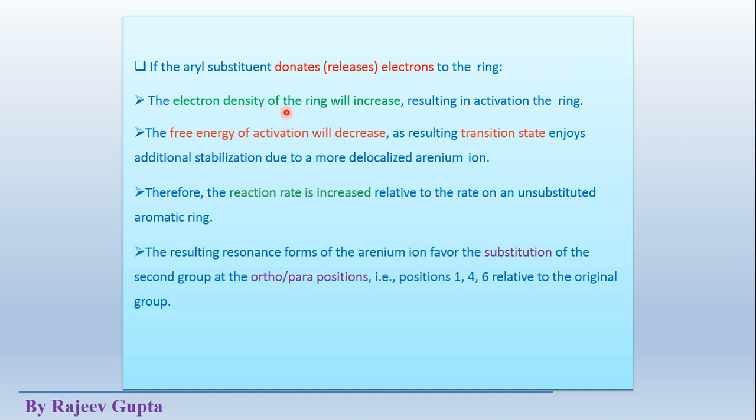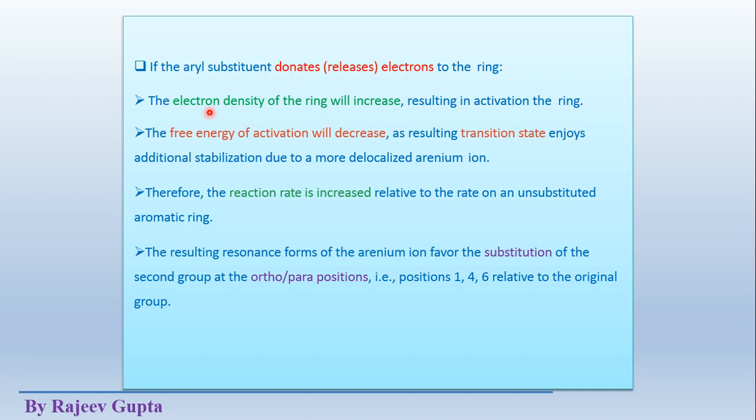The electron density of the ring will increase. See, here the aryl substituent means any substituent that is present on that benzene ring, or aryl ring, or phenyl ring. The electron density of the ring will increase, resulting in activation of the ring.